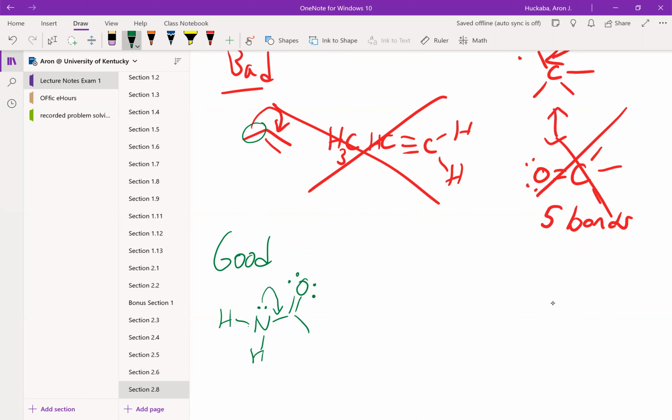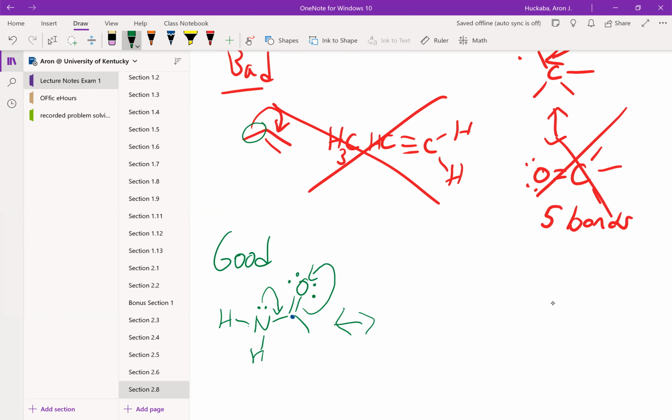And the only reason why this is a good arrow, because if you notice, the carbon I've just marked in blue here will have 5 bonds if we leave it at that, right? The only way to leave it as a good use of an arrow is to continue bringing the electrons onto the oxygen to relieve that 5 bonded situation.